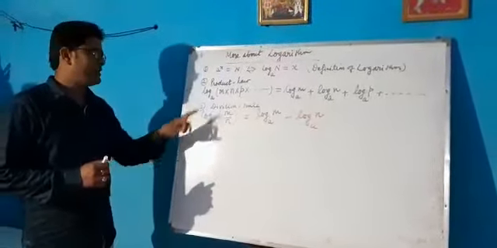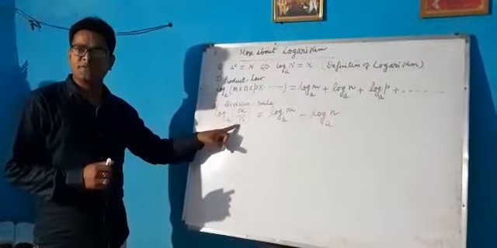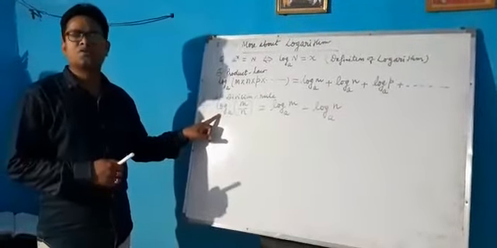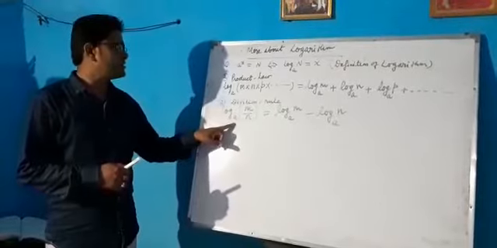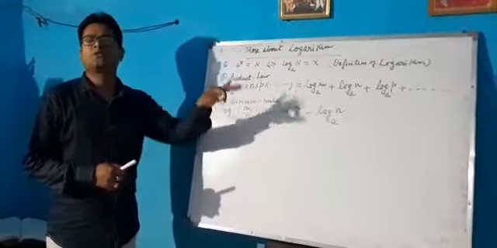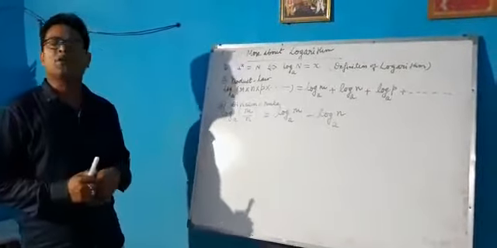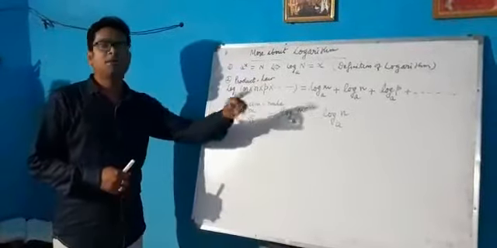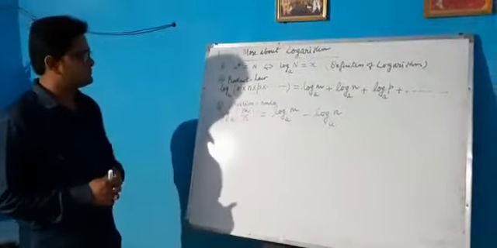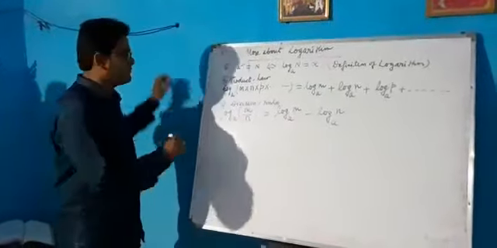So whenever the numbers or the functions are in division used with a log, then it can be converted into the difference of two different logs of the numerator minus denominator. So this is known as division rule.